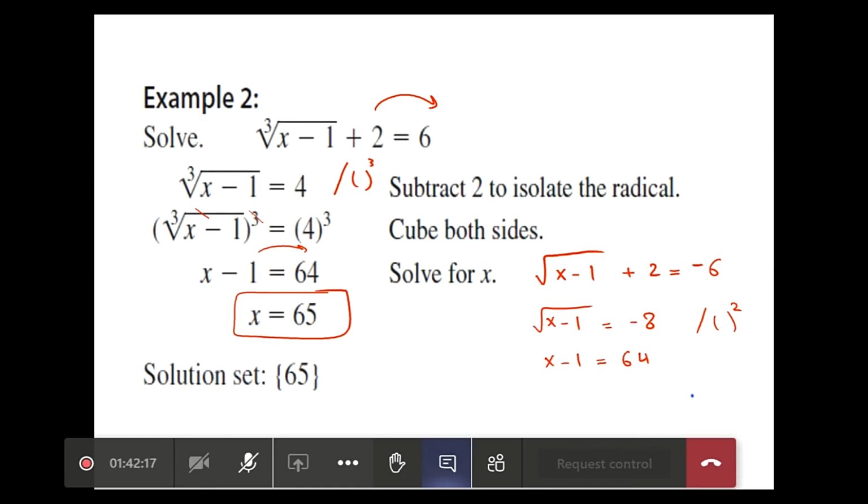Okay. Now, put x equal 8 square, 64, equal 65. Okay, this is correct. This is correct.